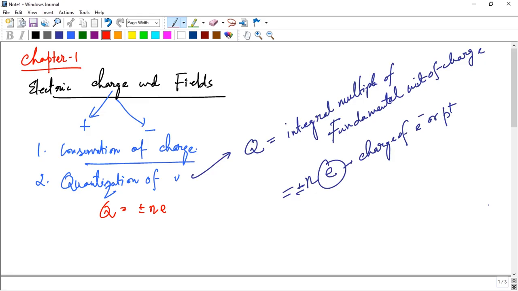Next is additivity of charge. Additivity of charge means the total charge of a system is the algebraic sum of all individual charges. Just simple algebraic addition. So that's the additivity of charge.